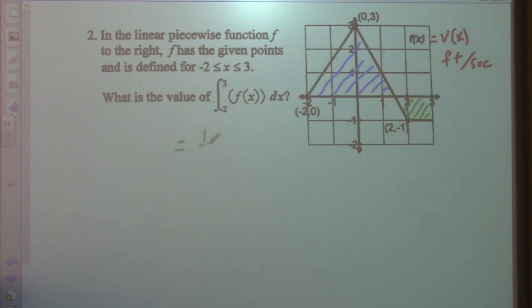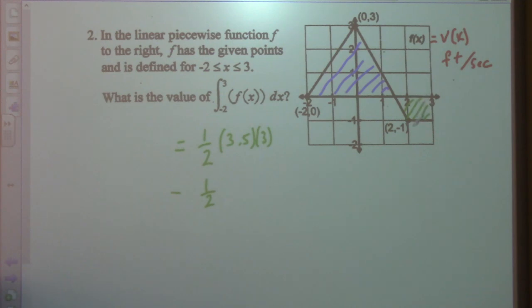So we have 1/2 base, and our base is going to be 3.5, times our height, which is 3. And we're going to subtract out this thing right here. Your trapezoid is 1/2 the height.